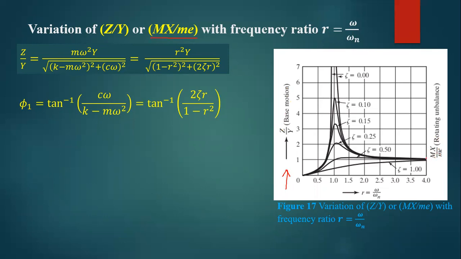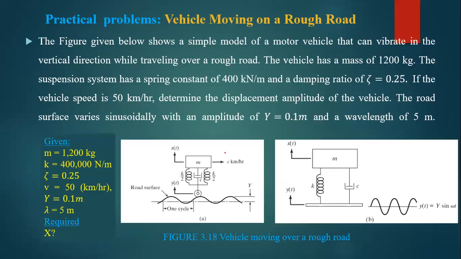M is the bigger mass of the structure. Small m is the smaller mass, which makes vibration, located at an eccentric distance. E is eccentricity. X is the amplitude of motion. So this is for the rotating unbalanced case, and this is the relation between them.